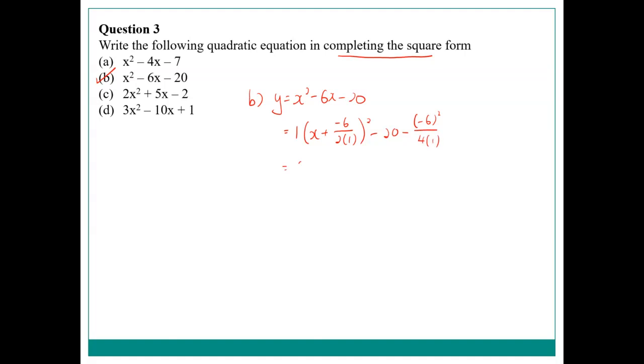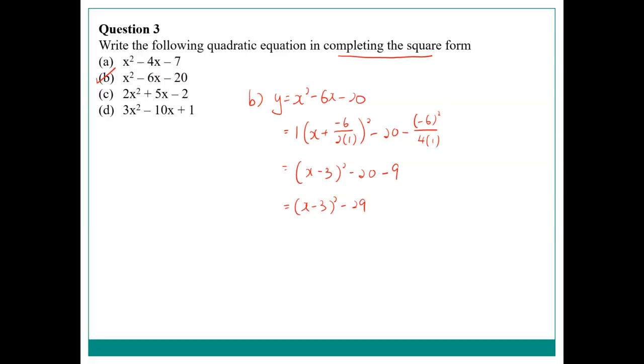So I get (x minus 3) squared, and then I got -20 minus 36 divided by 4, which is 9. So the completing square form looks like this: minus 29.